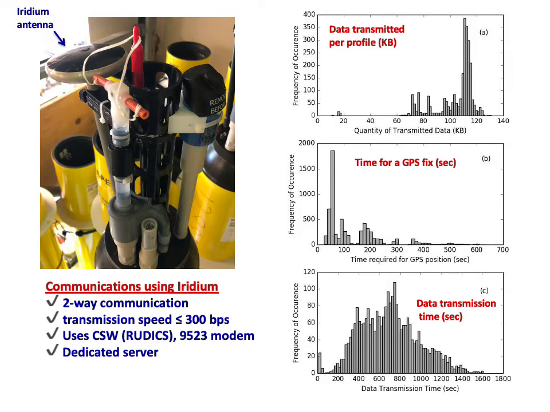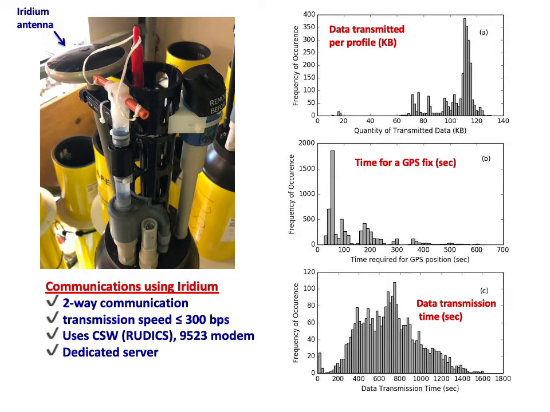The transmission speed is pretty good. It's 300 bytes per second. It uses circuit switched data and an Iridium modem, and we have a dedicated server in our lab to receive the data from this.